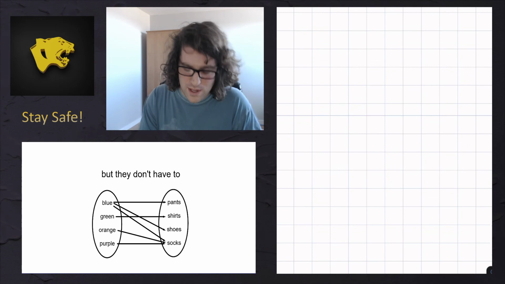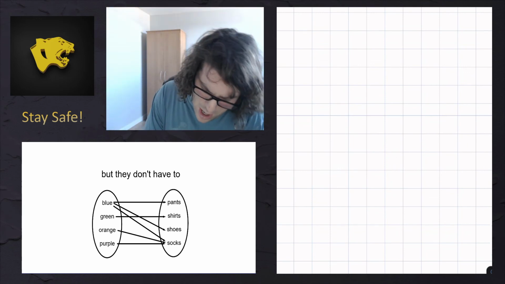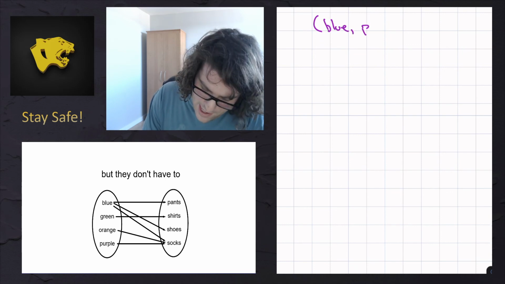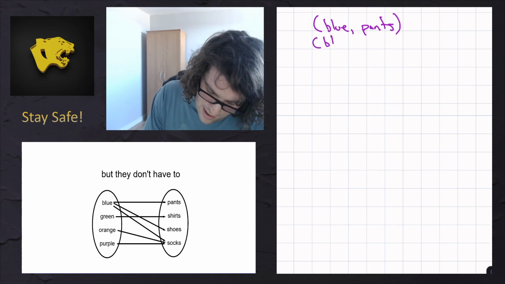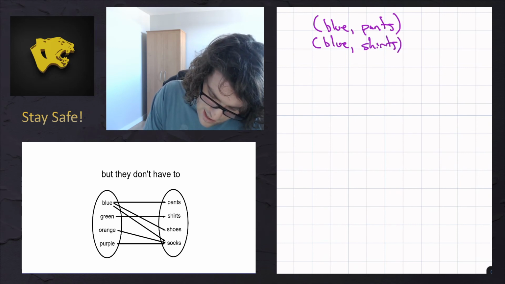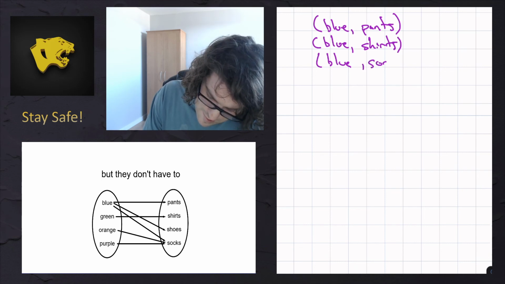Now, this one would be a little more annoying for me to write down the full list of ordered pairs. I'll probably do it anyway. So this is (blue, pants) as one of the ordered pairs. And then I also have (blue, shirts), and I have (blue, socks).